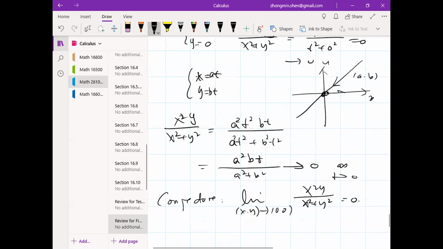If you just jump to the conclusion and say it's 0, you will not get full credit, because your argument is not a proof. Your argument only proves the following fact: along each straight path, not curved path, toward the origin, the function approaches 0. That's it. But this is still not the definition of the limit as (x, y) approaches (0, 0).